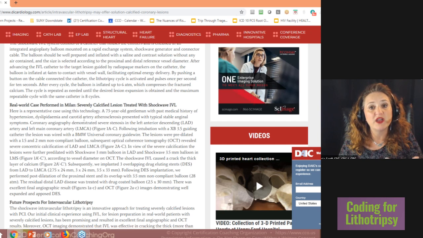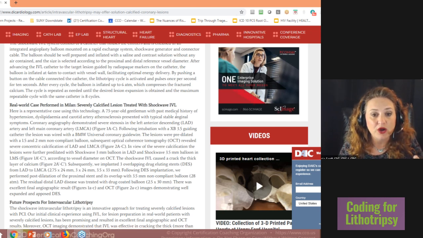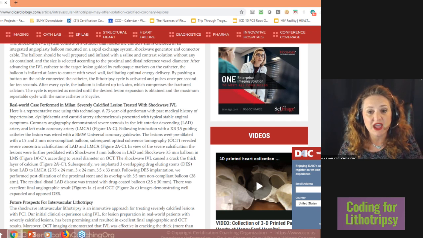Okay, and what you should take away from this: a 73-year-old gentleman with past medical history of hypertension, dyslipidemia, carotid artery atherosclerosis, presented with typical stable anginal symptoms, and then it goes on and on to describe this patient and what they did.